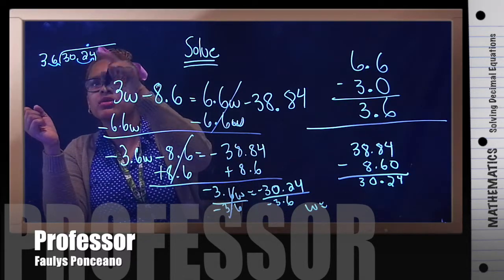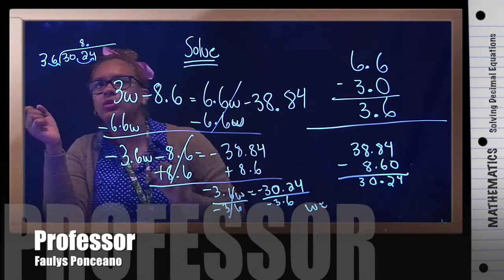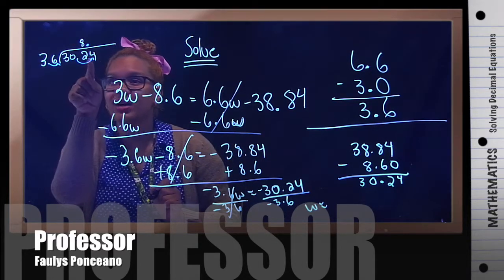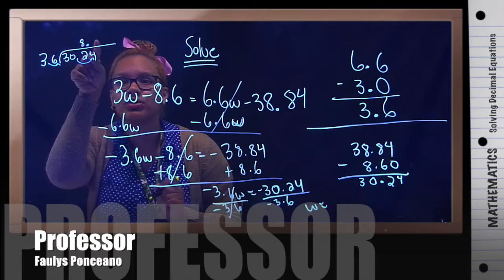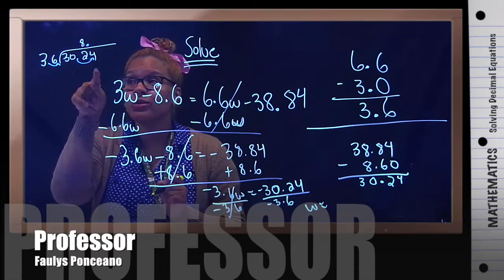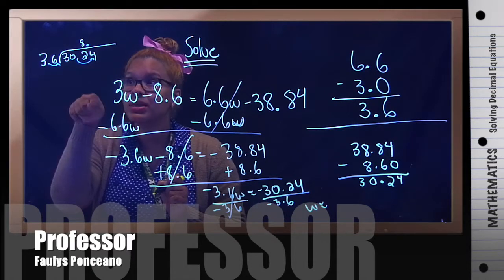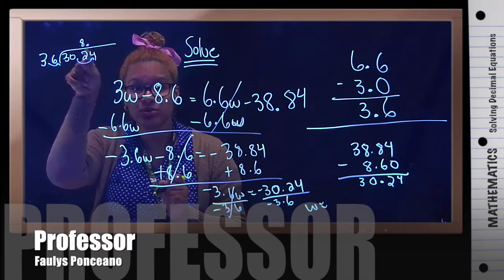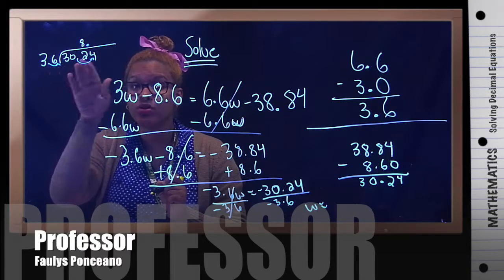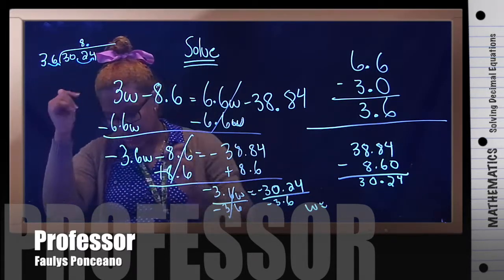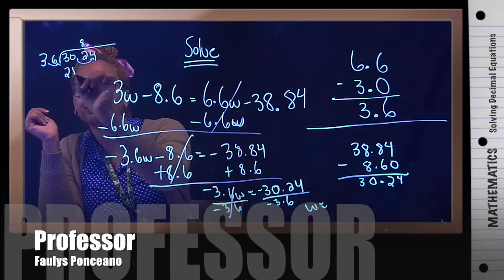So let me make sure I put my 8 right on top of it. See, my numbers don't look very nicely organized. I almost put that 8 right on top of the 4. And that's going to be wrong because I didn't do 3024. I did 302. Has to be right on top of the 2. Have to be organized with your long division. Then you go and say 8 times 36, and it's 288.